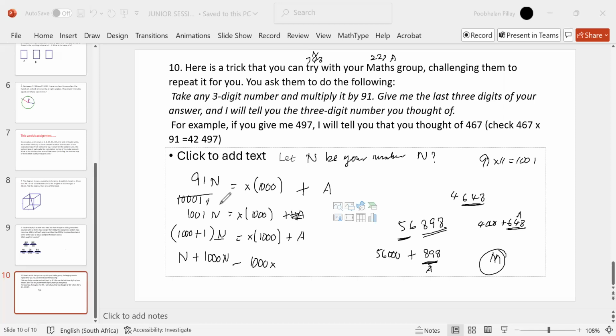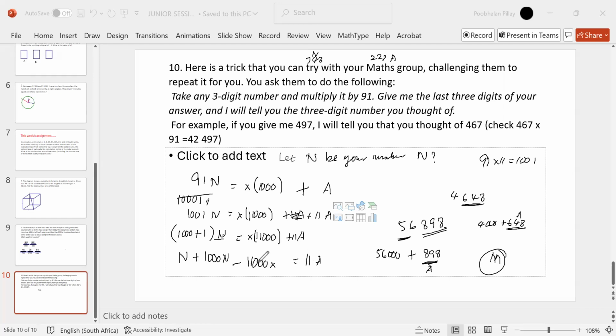I multiplied this by 11, so I should multiply right throughout by 11. This becomes 11,000, and this gives you 11A. You multiply this by 1,000, right throughout, you get 11A. So you have a thing like this, N plus 1,000 times N. Bring the X's to one side, and here you got 11A.